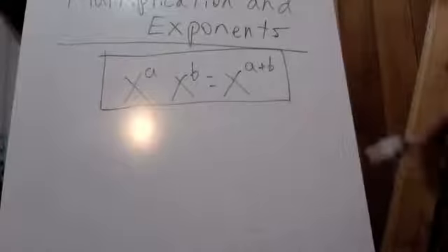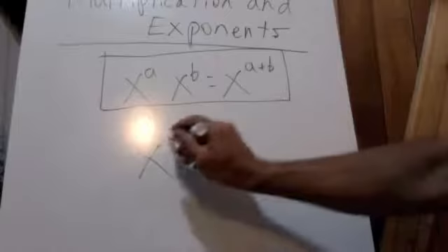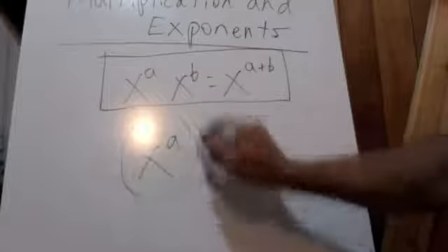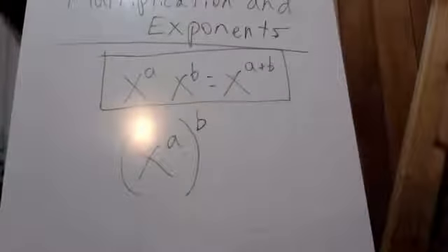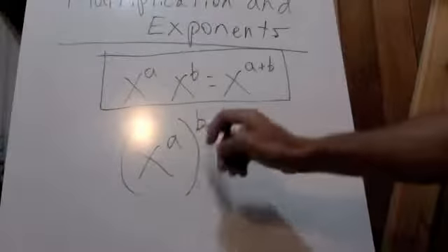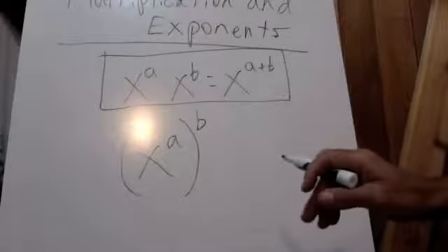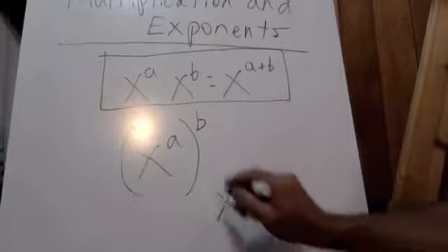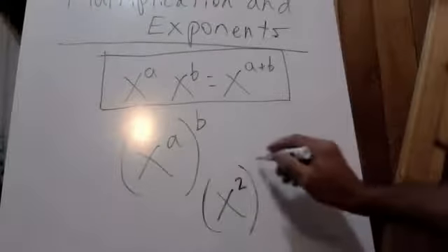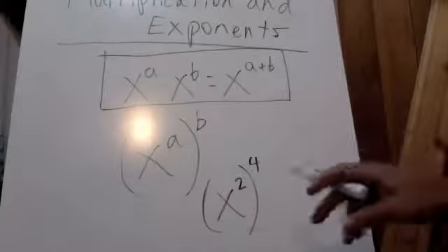Let's try a little different situation. What if you had x to the a, and we put that in parentheses, and we do that whole thing to the b power? In this case, you're not going to add the two things. And if you think about it, you can see why. Let's choose a specific example again. So what if we had x squared, and we did it to the 4th power? Well, think what's happening.